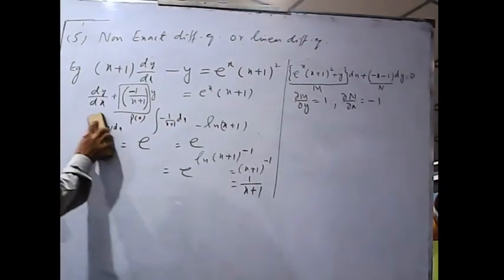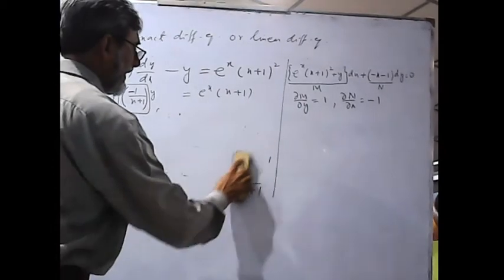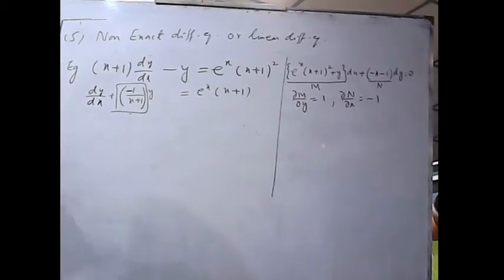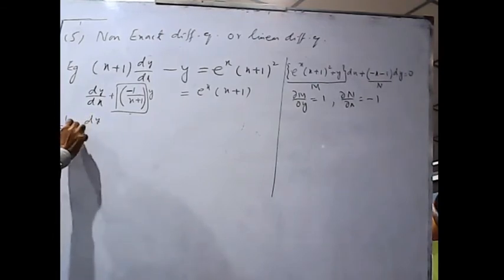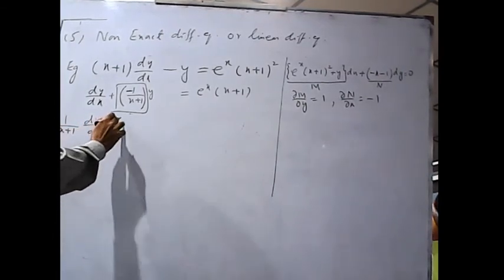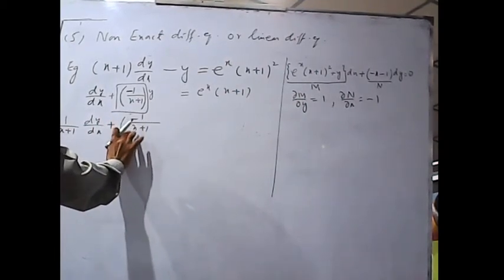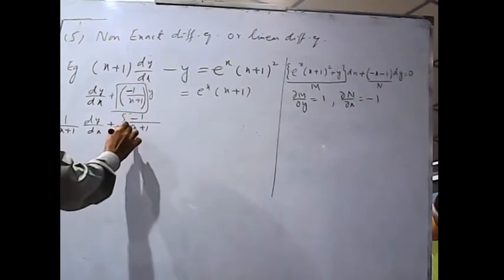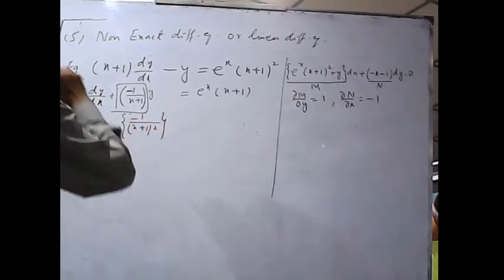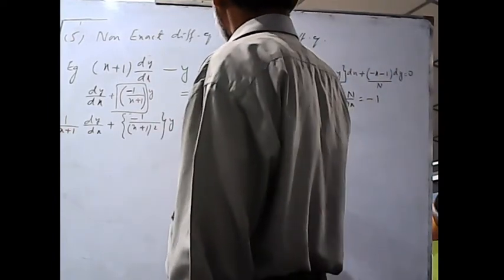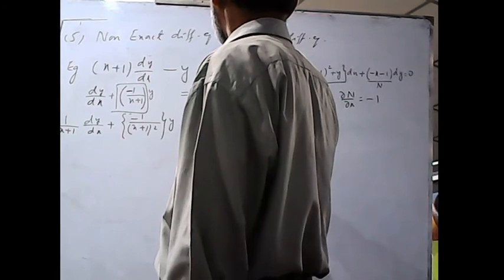So 1 upon x plus 1 times dy by dx minus 1 upon x plus 1 whole square times y is equal to, again multiplying by 1 upon x plus 1, so this x plus 1 cancels out.